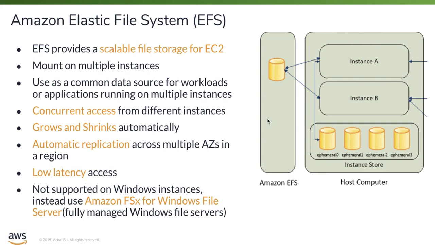This also provides you low latency access, and this is not supported on Windows for now. We have something called Amazon FSx for Windows File Server, which is very similar to this option.